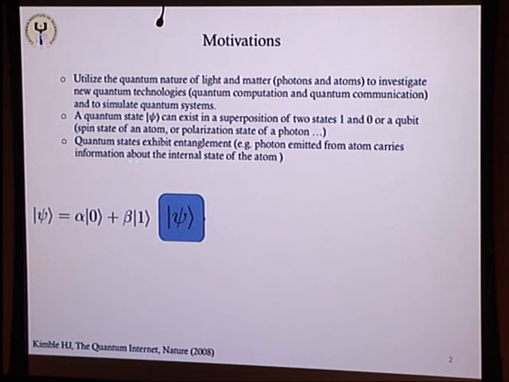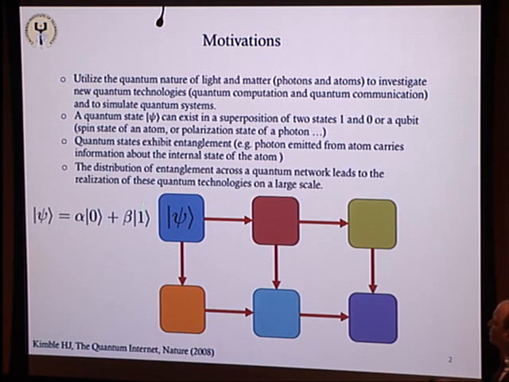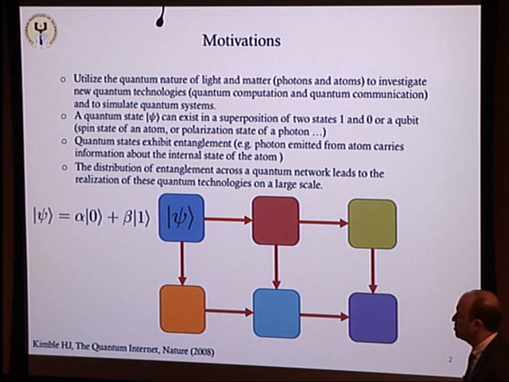One thing that you can also utilize is that quantum states exhibit entanglement. For example, a photon emitted from an atom is going to carry with it information about the internal state of that atom. By taking this quantum state psi and distributing it amongst a large system of nodes, we can distribute this entanglement from one system to a bunch of systems, and that allows us to realize quantum technologies on a larger scale than just single atoms and single photons.